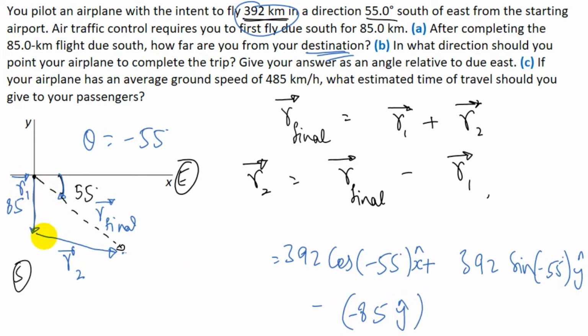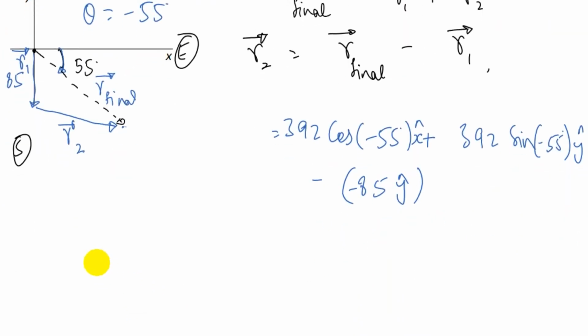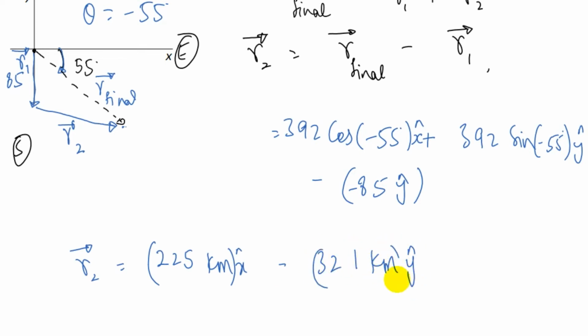Because it's along the negative y, right? Now we can solve it further. So we'll get vector R2 equal to 225 kilometer x cap, and this would become minus 321 kilometer y cap, and finally this minus and this minus would become plus, so plus 85 kilometer y cap.